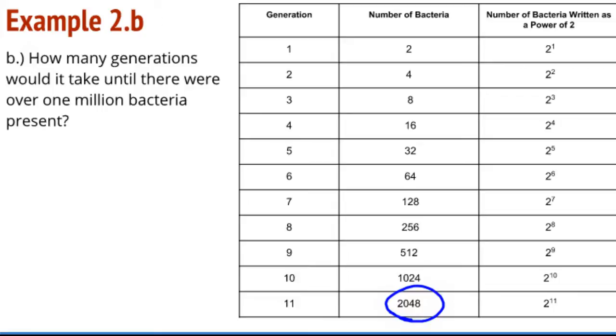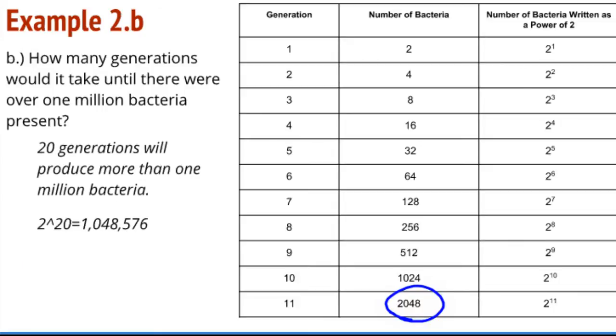If you need to, use a calculator. And you will find out that it will take 20 generations to get more than 1 million bacteria. 2 to the 20th gets 1,048,576 little bacteria.